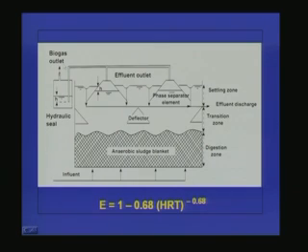This is the example of an upflow anaerobic sludge blanket reactor, because this is the one which is most commonly used. We will see in detail what is happening in a UASB reactor. In a UASB reactor, the influent will be coming from the bottom of the reactor, and we can see these are the influent distribution pipes.